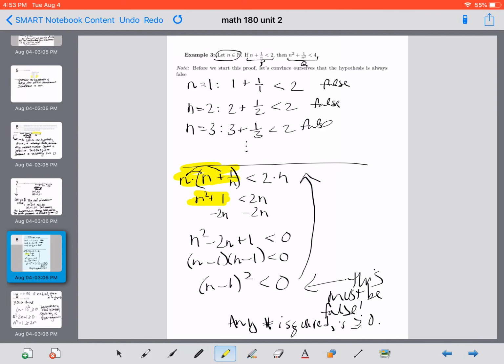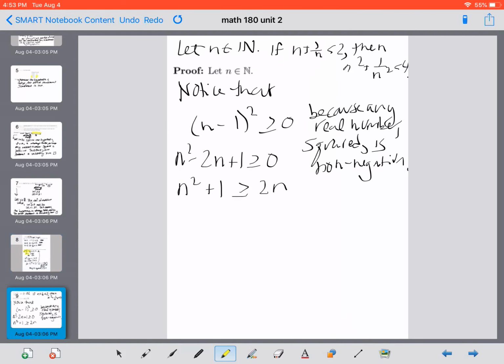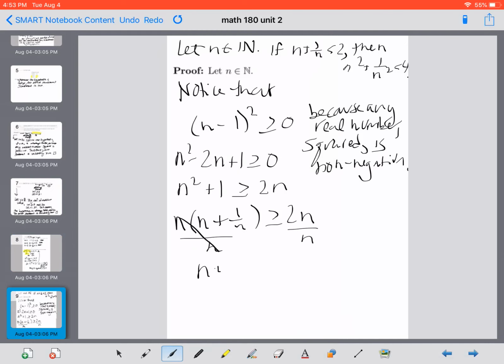I'm just going to factor an n out to rewrite the left-hand side as n times n plus 1 over n is greater than or equal to 2n. I can divide both sides by n, which is positive, and I get n plus 1 over n is greater than or equal to 2. This is how we can justify that our hypothesis up here is always false.